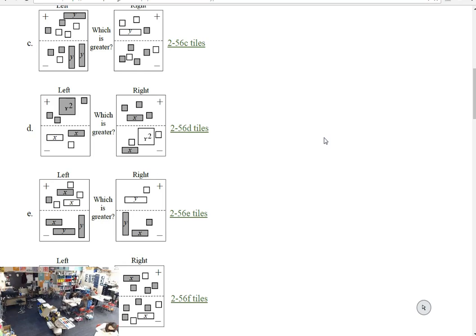Take away 5. It doesn't matter what number you put, you don't get 5, right? You don't get X. If you did X squared divided by X, then you'll get X.